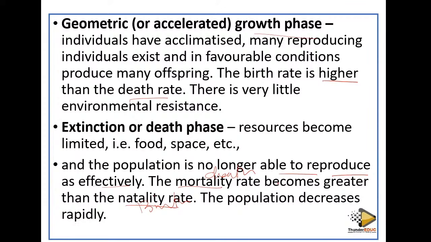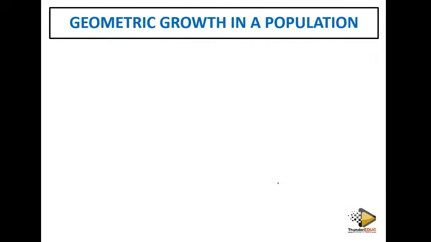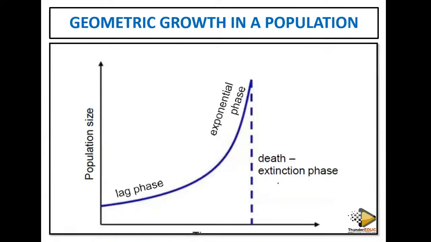So what about the geometric growth phase? What happens in there? If you look at this graph without words, you first have the lag phase, then the exponential phase, and then the death phase. Here it means that they have gone extinct. In the lag, there is food, but the mates are not yet used to each other.